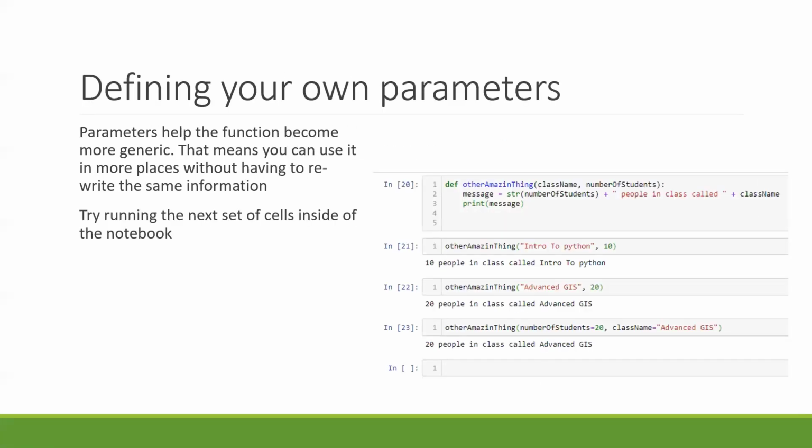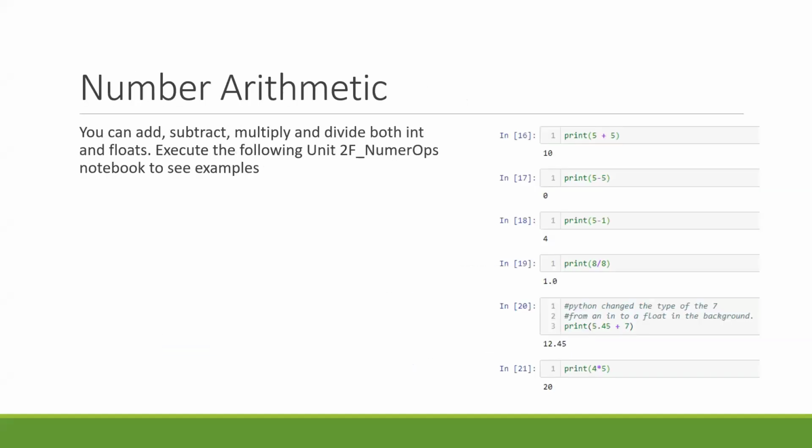All right, so that was a bit of the functions piece. Now we're going to hit up a little bit on number arithmetic. Just like when you do things on paper, you can add, subtract, and divide. You can do the same thing in ArcGIS Pro using Python.